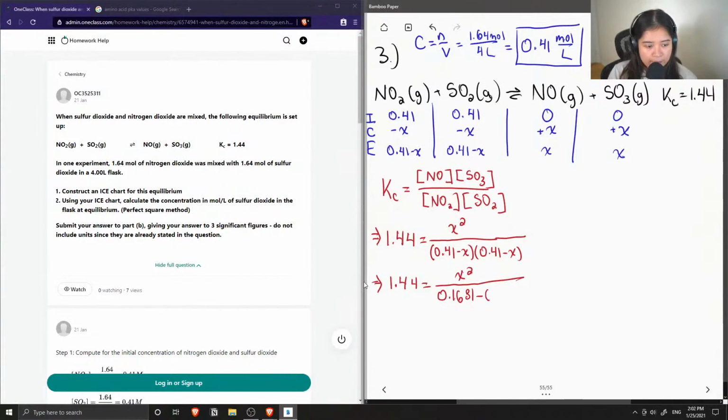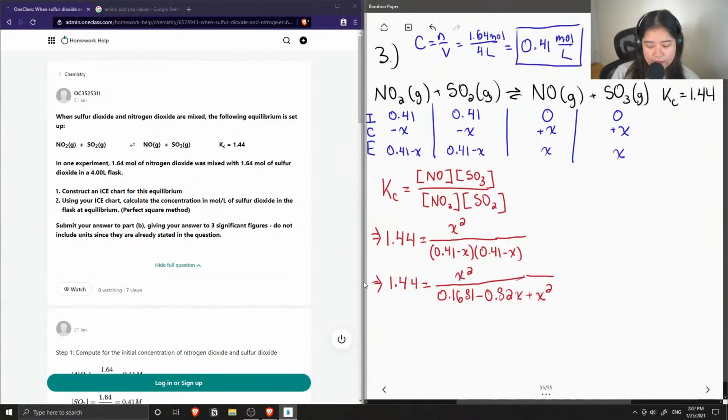So it's that first, outside, inside, last that they teach you in math. And then for last, you multiply negative x times negative x, and you get positive x squared.